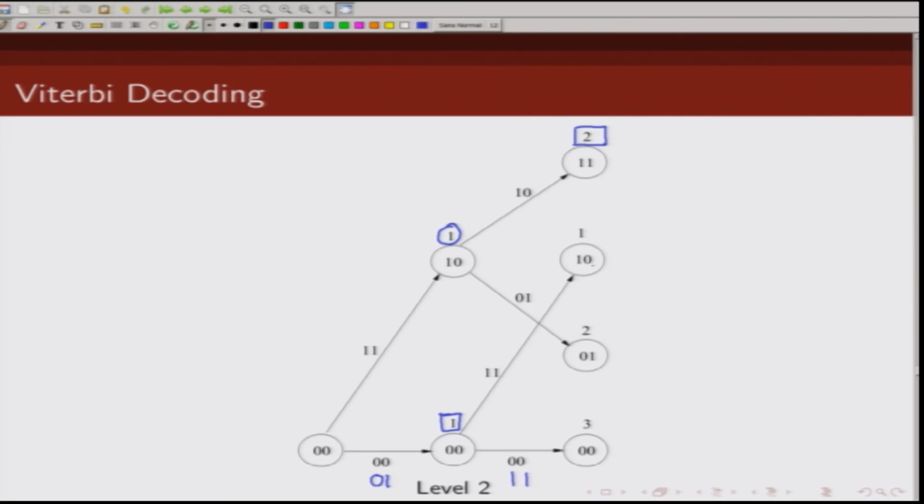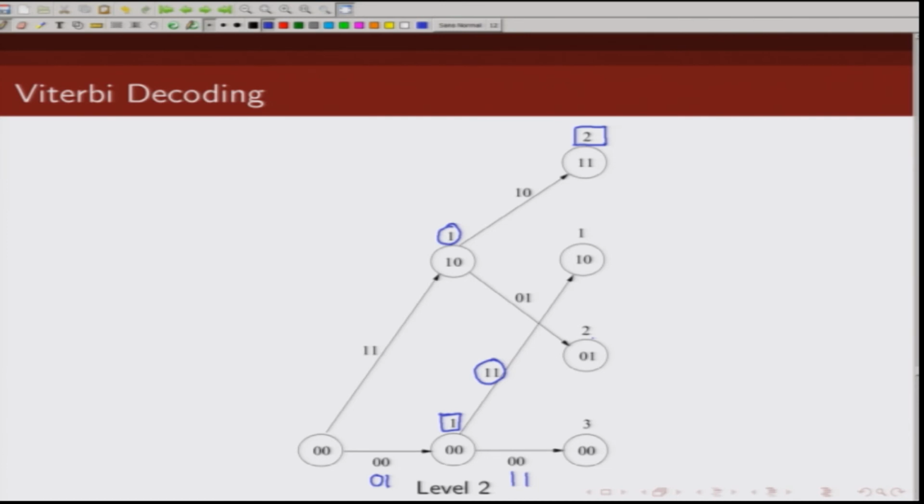Similarly, what is the path metric at this instance? Note the branch metric for this branch is 0, because the code sequence is 1 1 and the receive sequence is 1 1. So, the Hamming distance is 0. And the partial path metric here was 1, and the branch metric here is 0. So, 1 plus 0, that is 1.